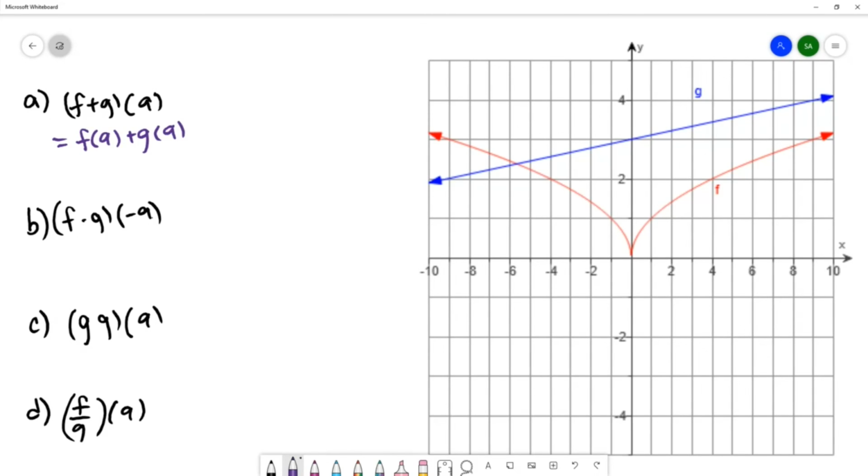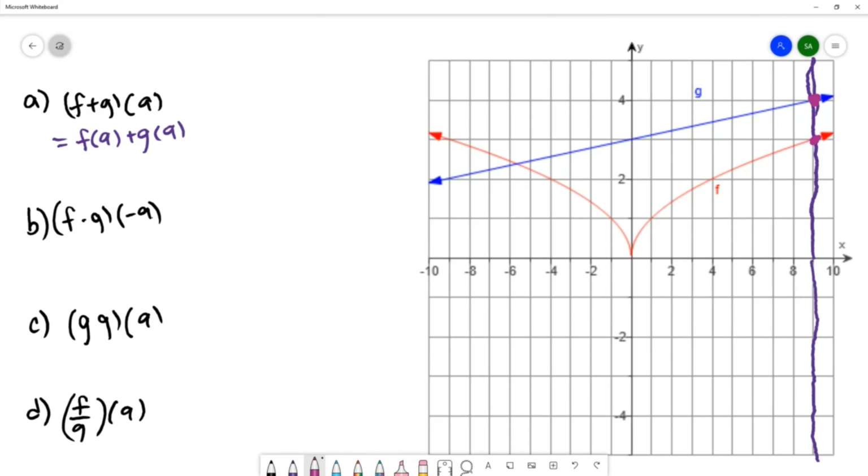So in our picture, we want to identify when we have an x value of 9. I'm going to draw a vertical line here, and the reason why is that all of the ordered pairs on this vertical line have an x of 9. I'm noticing this intersection point and this intersection point are on the graph of f and g.